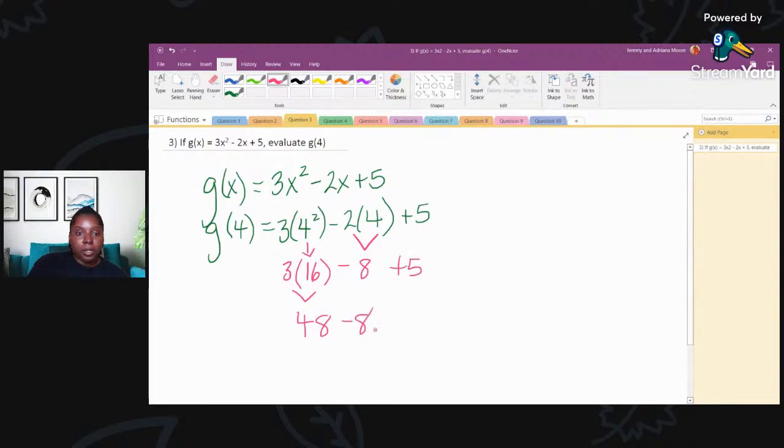So we're going to do plus 5. 48 minus 8 is 40. Plus 5, and we're going to get 45. Okay, so again, anytime you see this 4, you're just going to replace it.